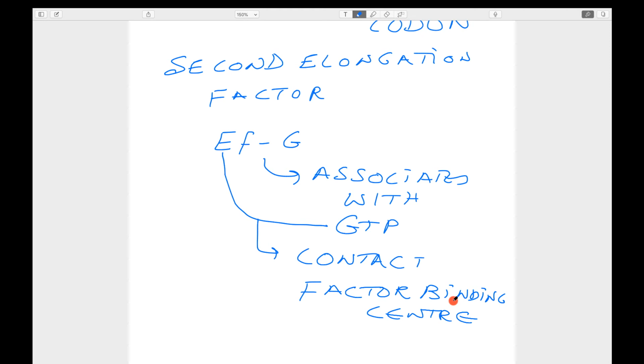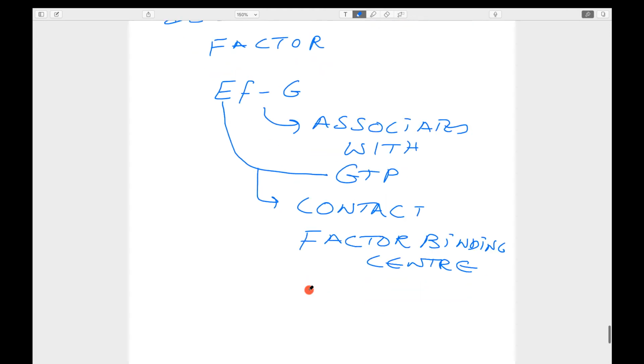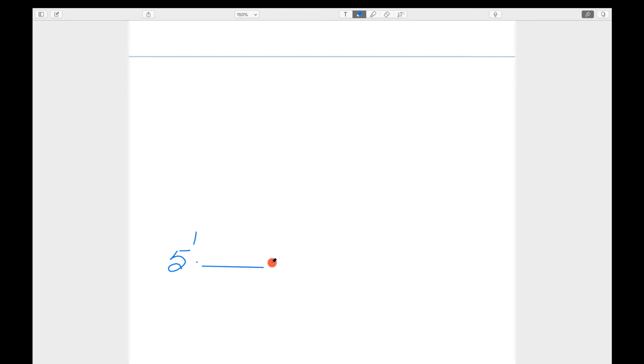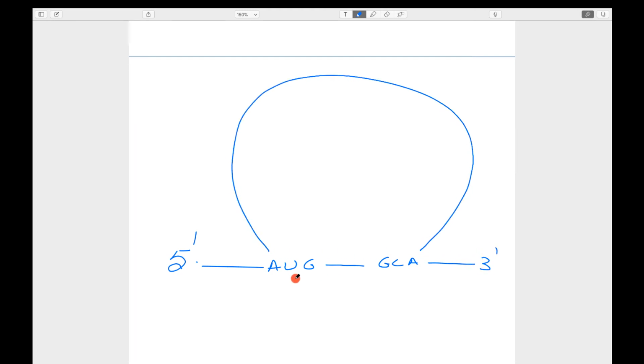Okay, let us see here. Very interesting scenario here. What is that interesting scenario? We'll come to know through the diagrammatic representation. Here this is the messenger RNA, AUG, then GCA, then the 70S complex.